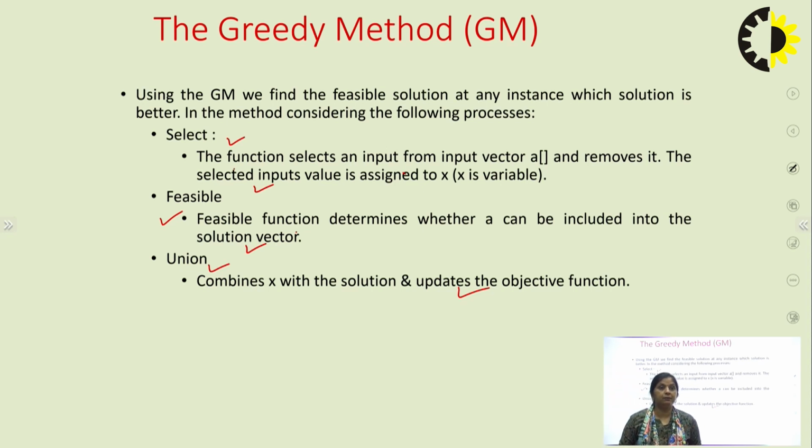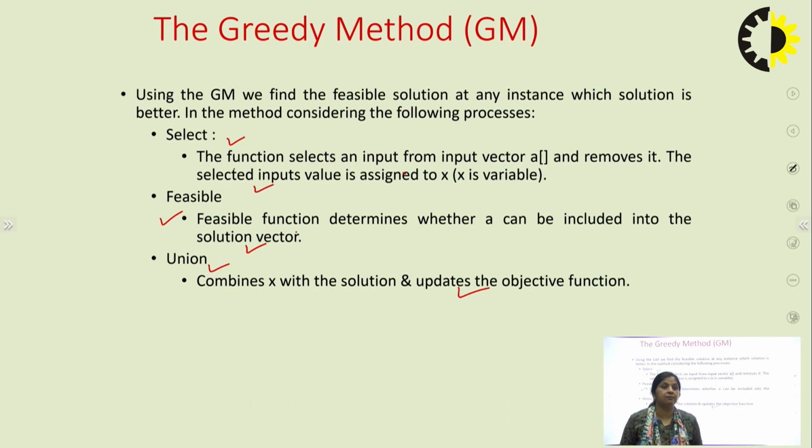So firstly we do the selection from the local choices based on the greedy approach. We try to take the best one. For example, if I have to choose objects from a set of objects, I'm greedy in that I'll select the one having the maximum worth. Feasibility is whether I can put it in after selection. For example, if I have to select objects and among the objects I have a big object like a TV, can I put that in a bag?